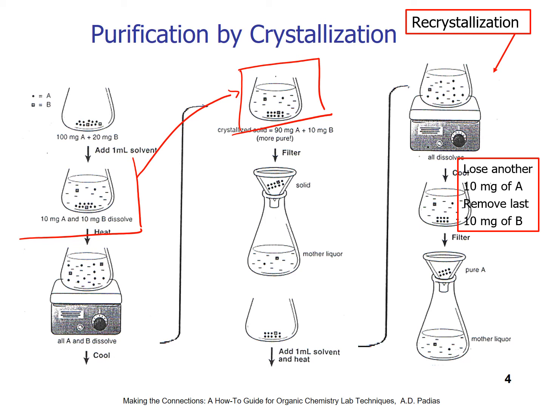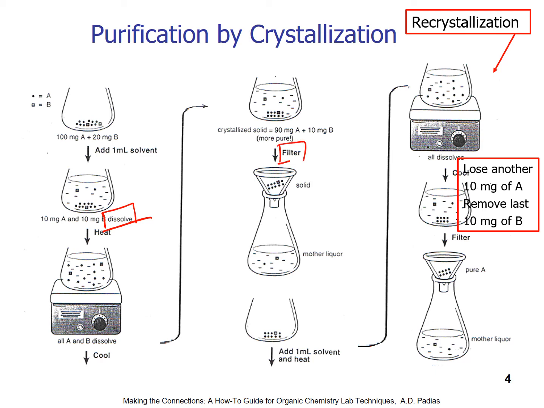If you want to take a pause here and look at what's going on with this slide, once you read through it, it'll make sense to you. But the basic steps are to dissolve something. Get a solvent, dissolve your impure compound in there, heat it up, and let it cool down to get your crystals to form.